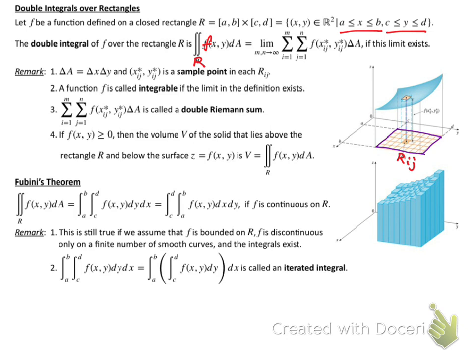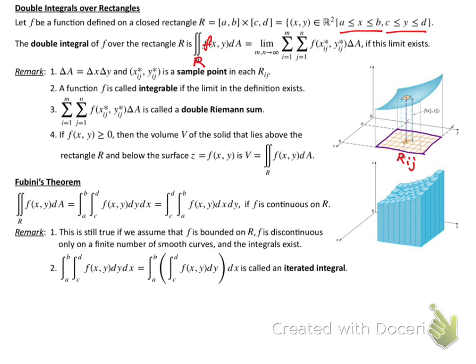Then you let m and n go to infinity, which means you're going to cut the width and length into infinitely many pieces, so the size of the little rectangles goes to 0. But meanwhile, you are adding up infinitely many pieces of zeros. So if the limit exists, you are getting an integral.